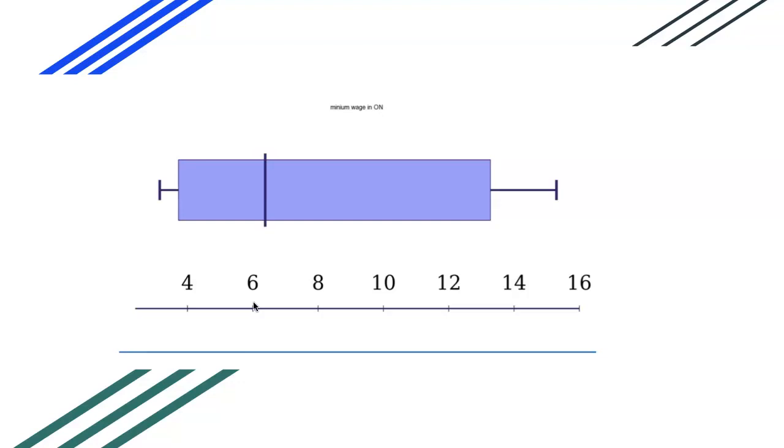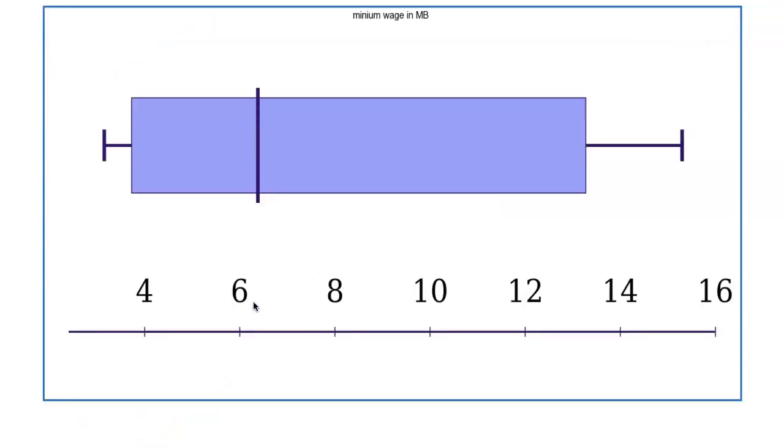Looking at minimum wage in Manitoba, it's about the same thing. Most of the data is beyond the mean, and they look pretty similar to me, probably because federal budgeting is around the same.